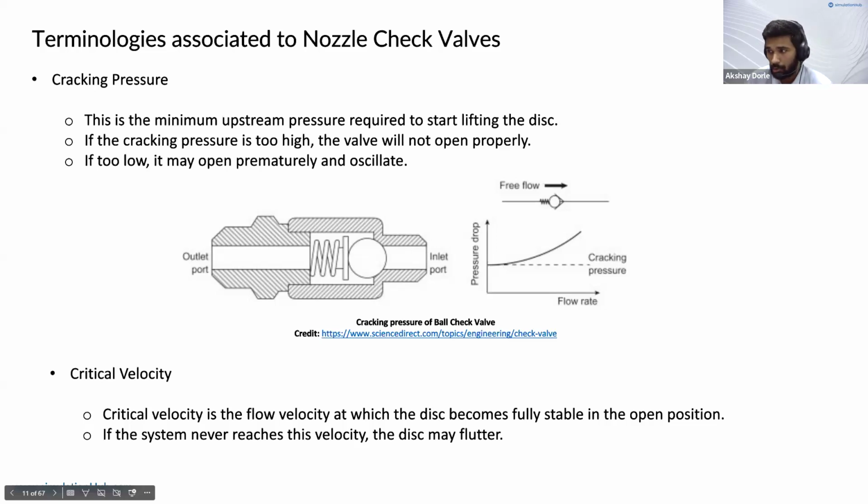Again, this becomes very essential in designing your nozzle check valve, because say the velocity of the line or the process fluid doesn't match your critical velocity, the valve might not open correctly. And since the valve is partially open, it gives rise to a higher pressure loss, and this in turn affects your economics and your total life cycle cost of the plant as well.